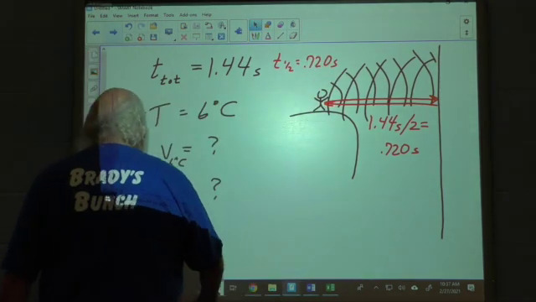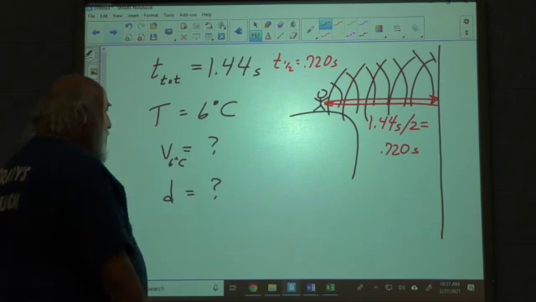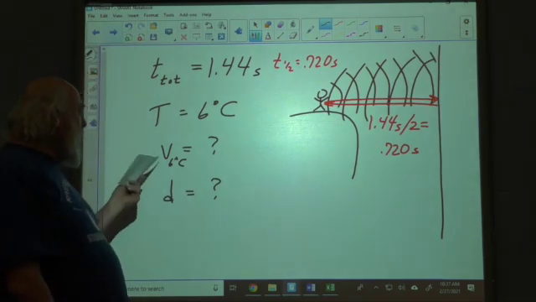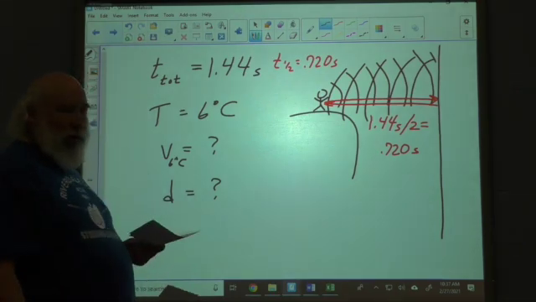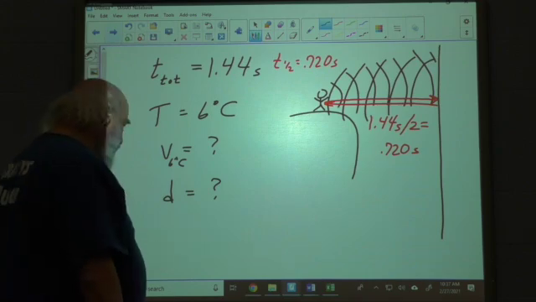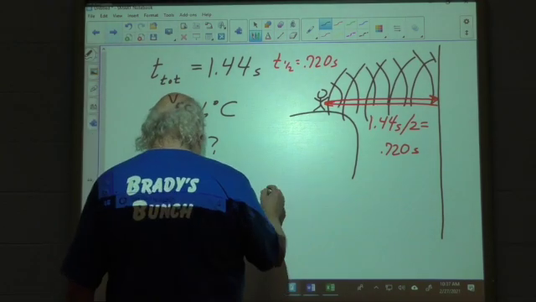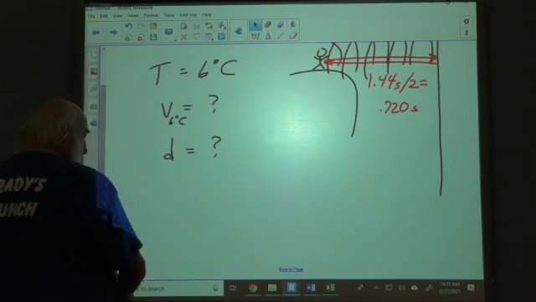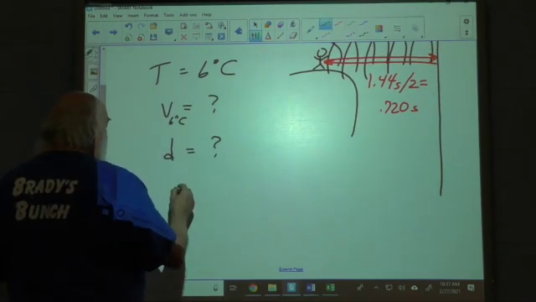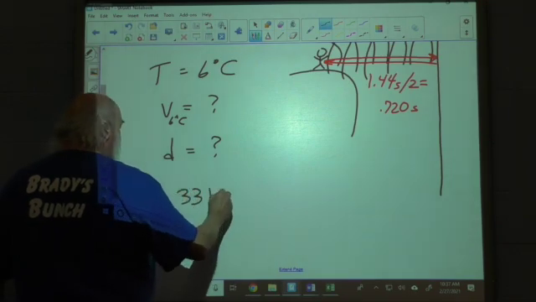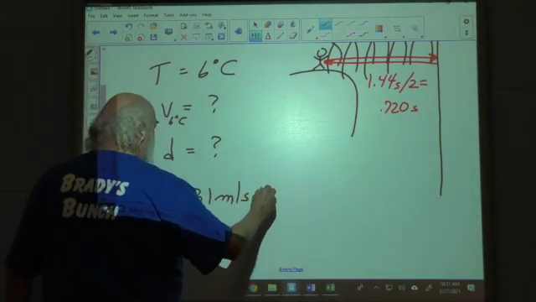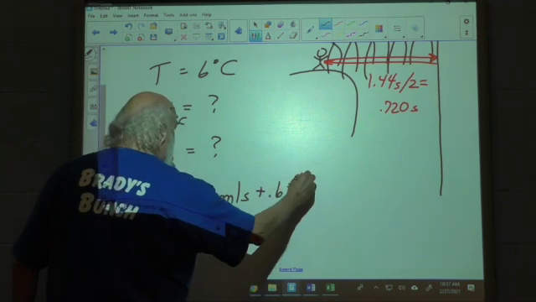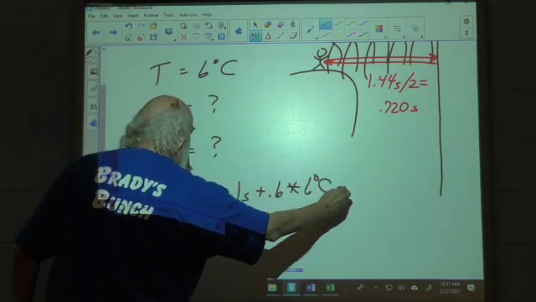Now, the next thing we need to figure out is how fast the sound is going at 6 degrees Celsius. Well, with that one, we're going to use 331 meters per second plus 0.6 times 6 degrees Celsius.